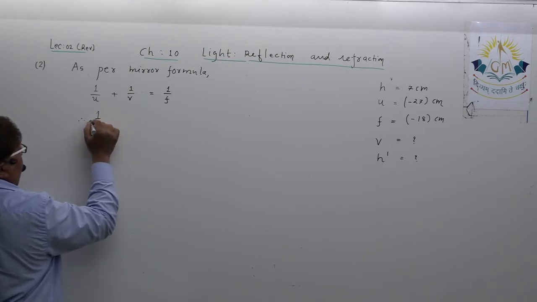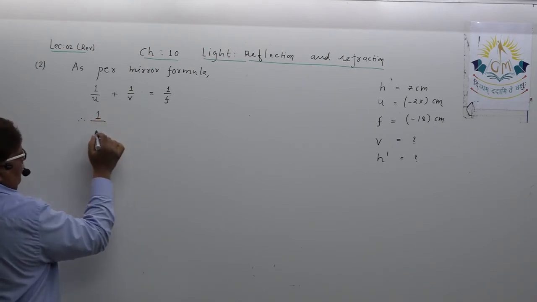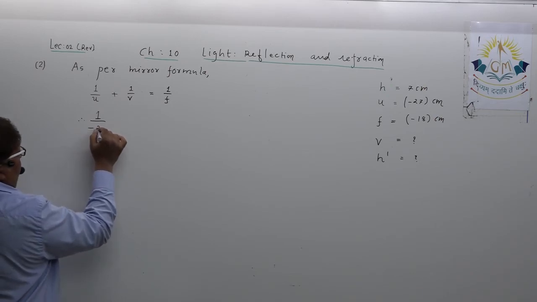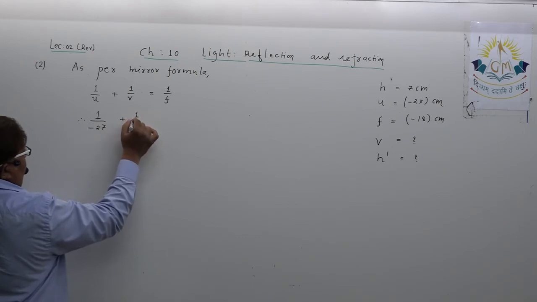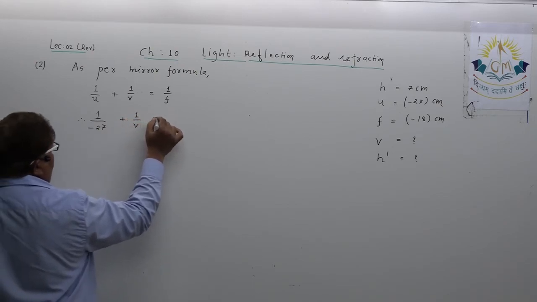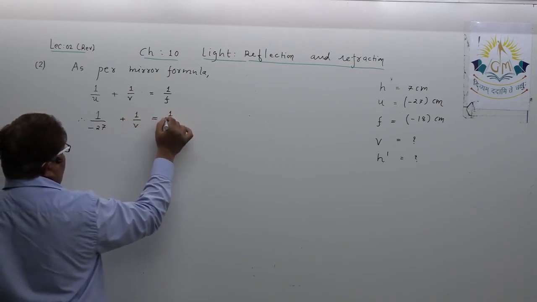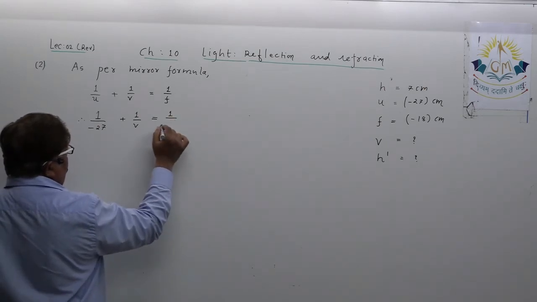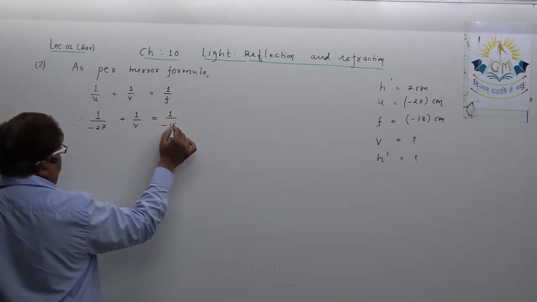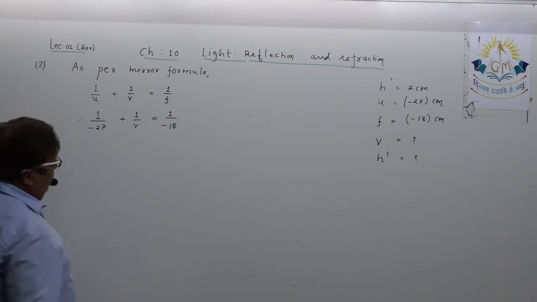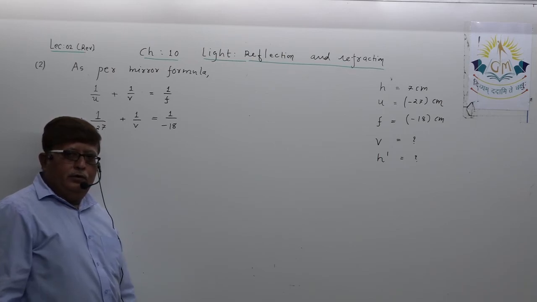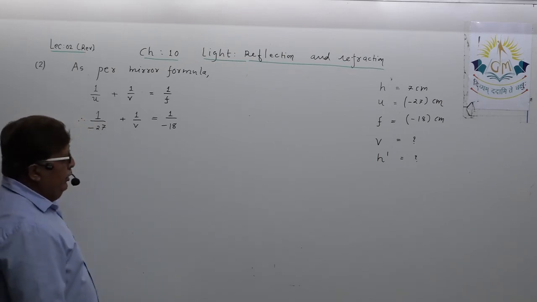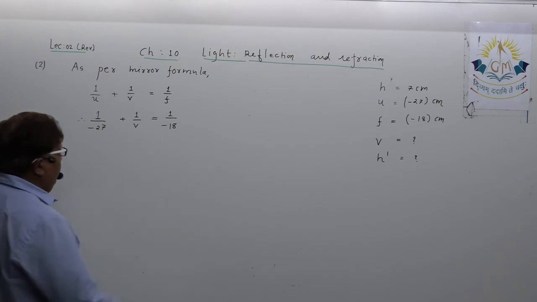After writing the formula, let us substitute the values. 1 upon u is already negative. V we are looking for. Focal length has been given 18, but because it is a concave mirror, we have to take it negative, as you know.